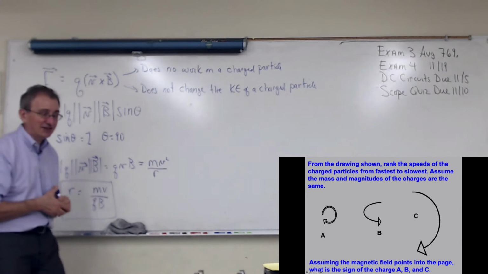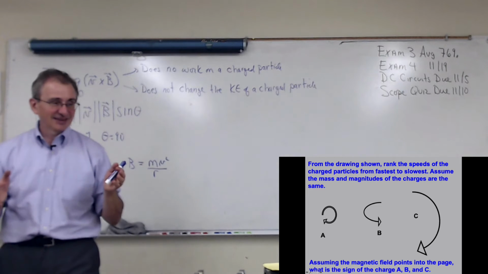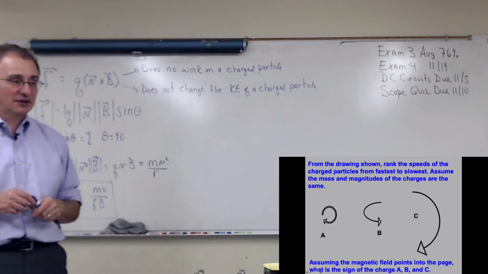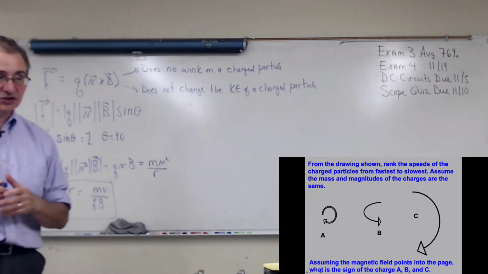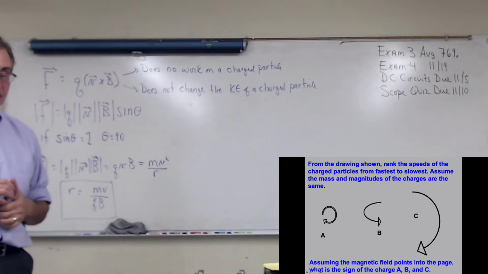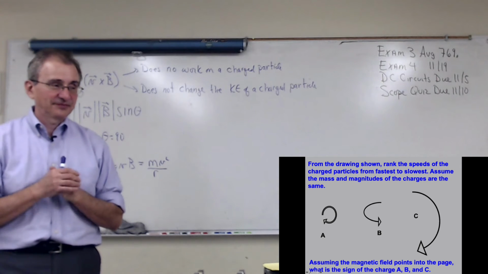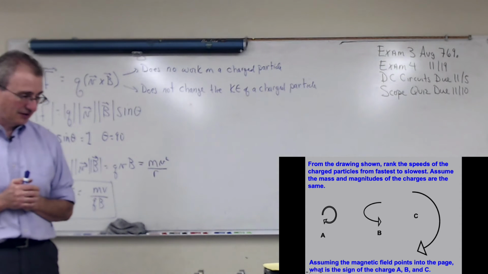Now the next question, and this is a harder question, what is the sign of the charge on those particles? We can actually determine the sign of the charge on those particles. Okay. What do you think?